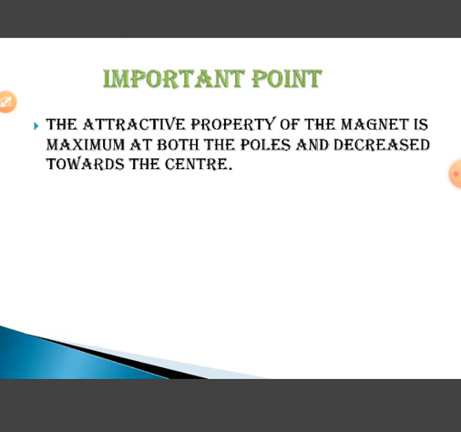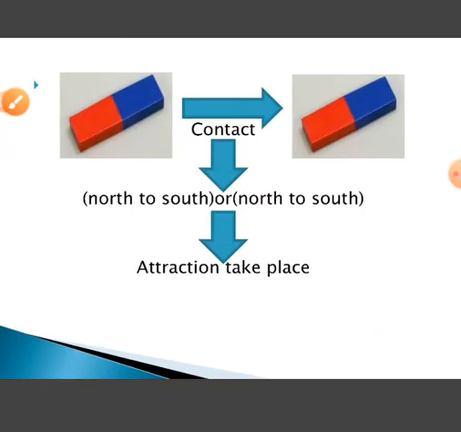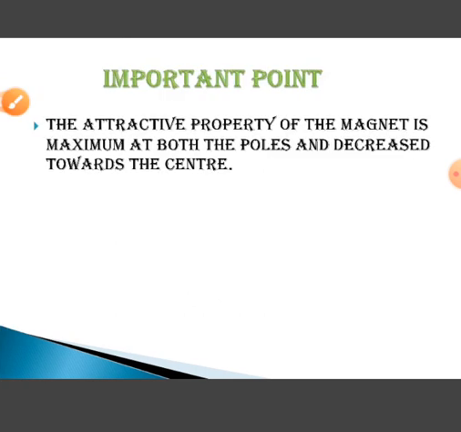In other words, the north end is stronger there, and the south is stronger at the tip of the magnet. That is what that point is trying to let us know.